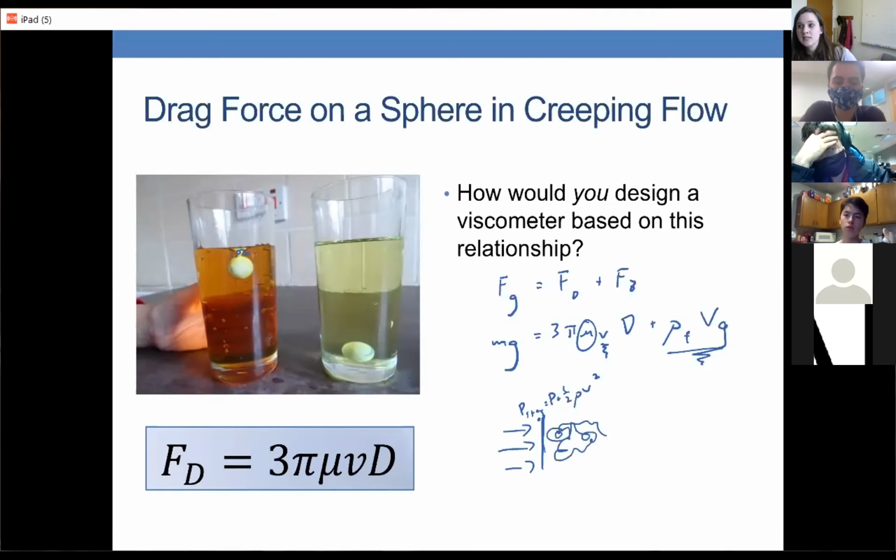Okay, that makes sense. That's why we use the Reynolds number, because it puts it all together. So bigger is more pressure drag, faster is more pressure drag, and less viscous is more pressure drag. Though probably the velocity is the biggest thing that would change because it's squared. So the velocity is probably the main factor.